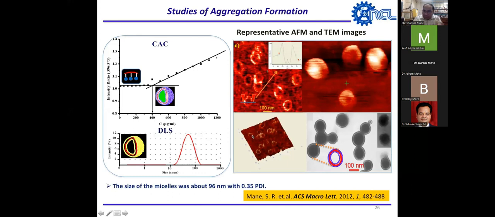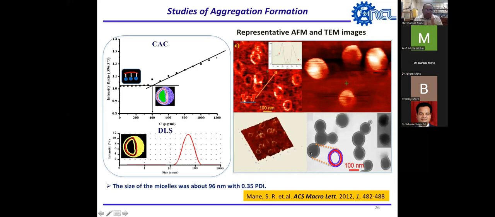And if you see the 3D image, it looks like a bowl. These are the sides of the bowl with a halo in the middle, which was further analyzed by transmission electron microscopy. So you can see bilayer structures having a halo in the middle.